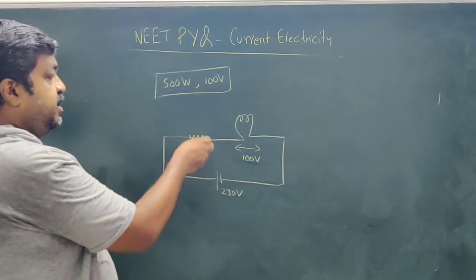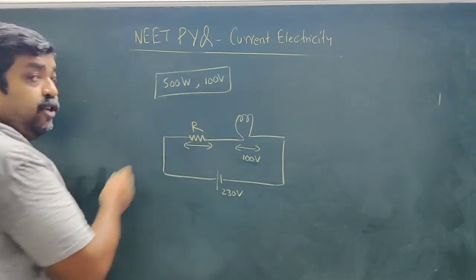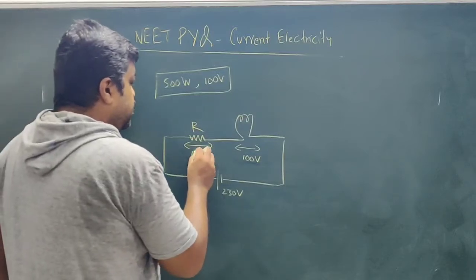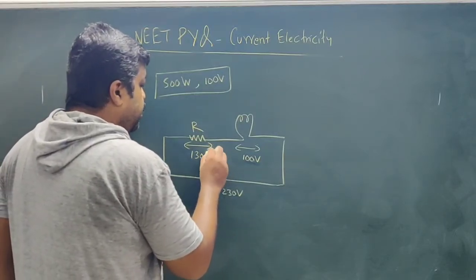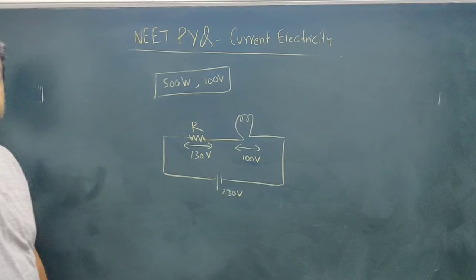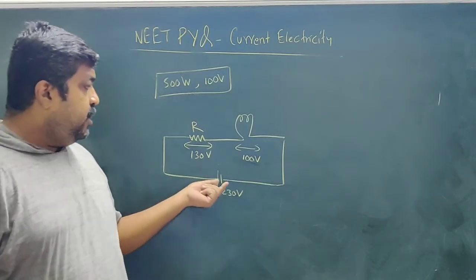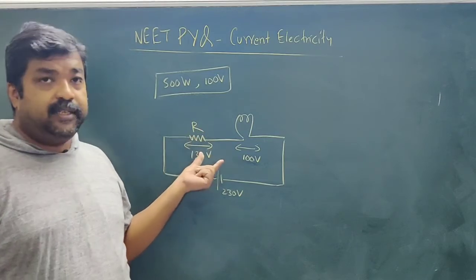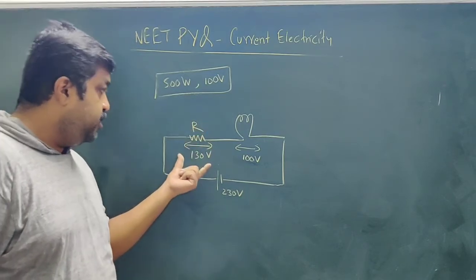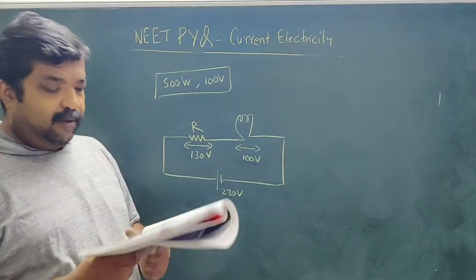So the potential drop across this resistance must be 130 volt. So 130 volt is to be dropped across the resistor, then 100 volt will be available to the bulb.